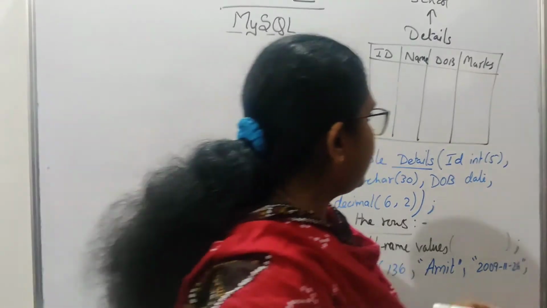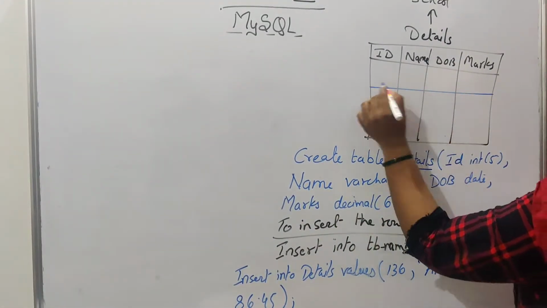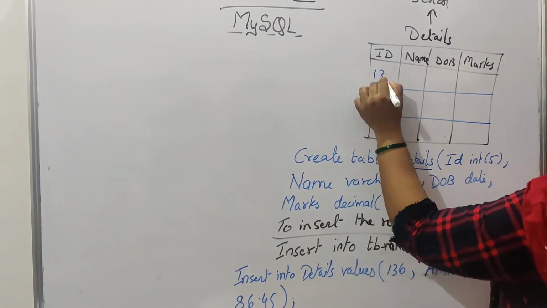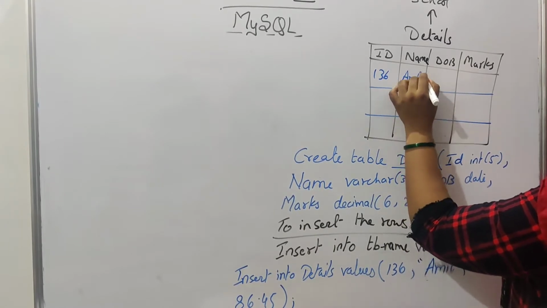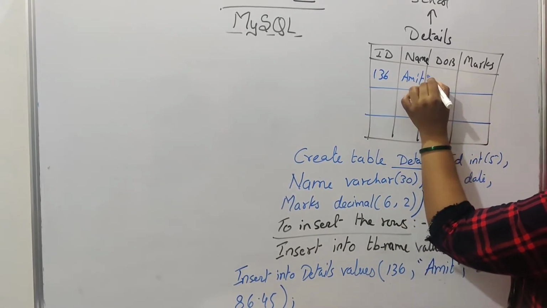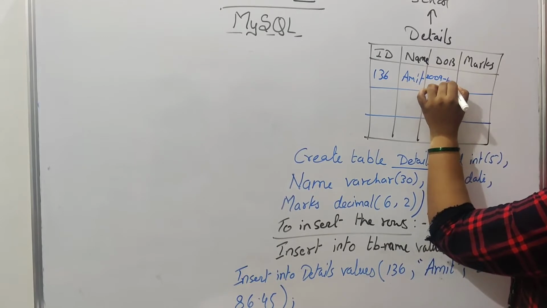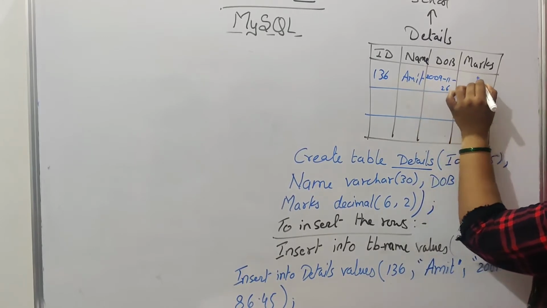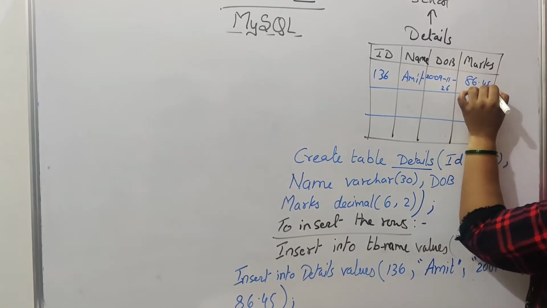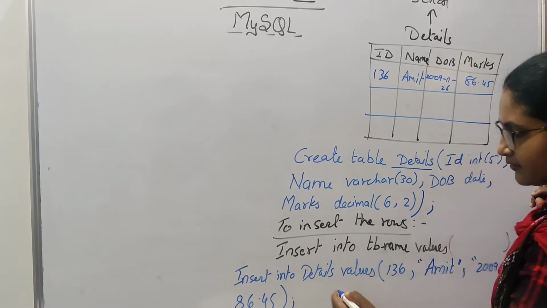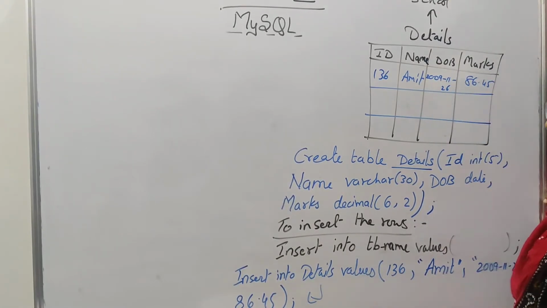Okay, you have to make a practice of it. Suppose this is 136, name Amit, date 2009/11/26, marks 86.45. You have inserted the first row.